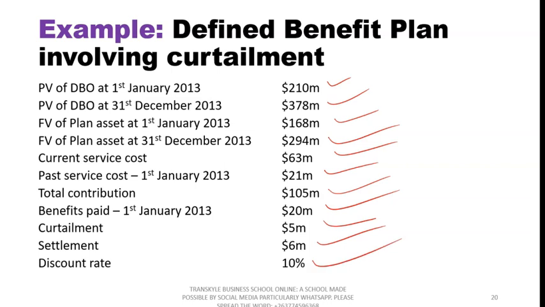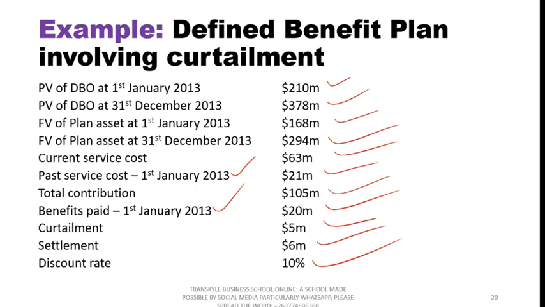Now, there's going to be some modification in the way we compute our interest component because of the new costs that have come into play, whose figures we are told were so much at the beginning of the year. So this involves the past service costs as well as the benefit that has been paid.